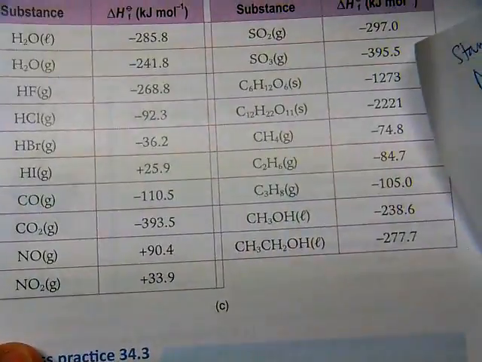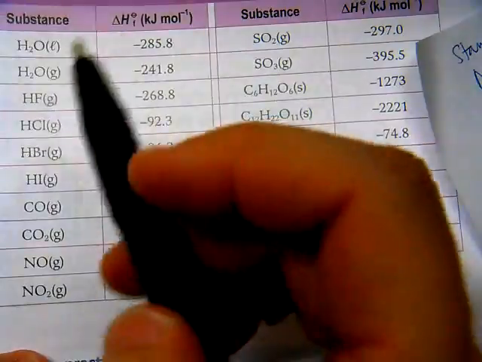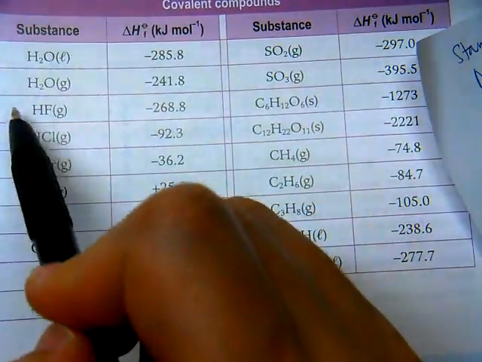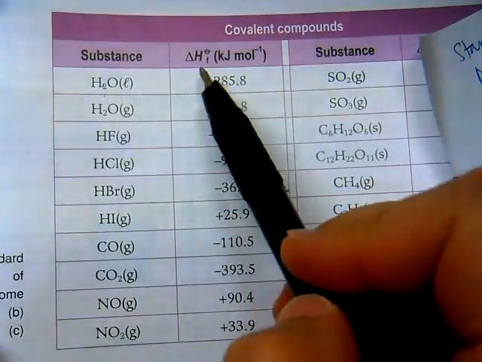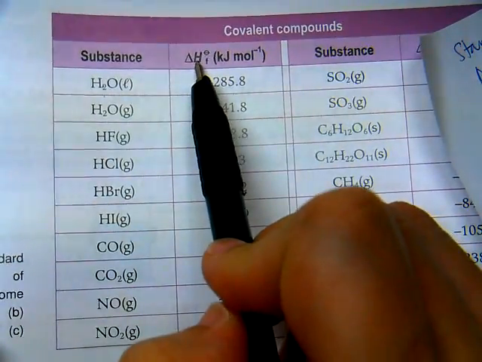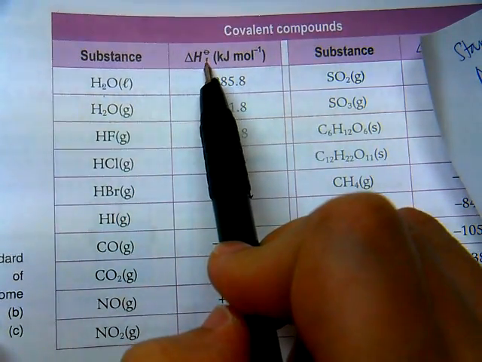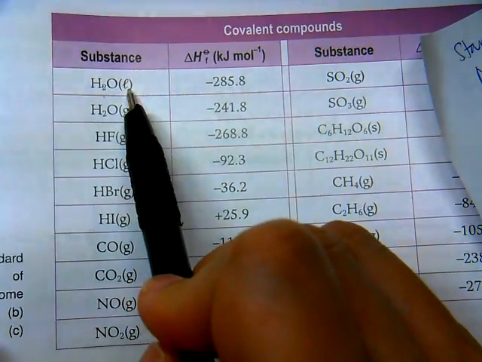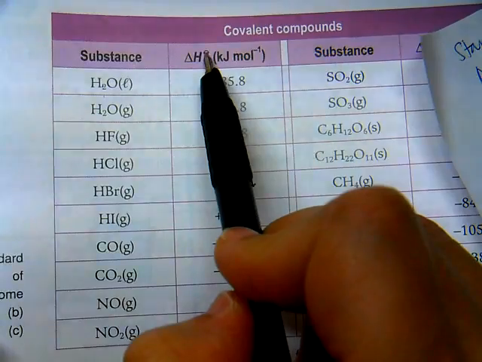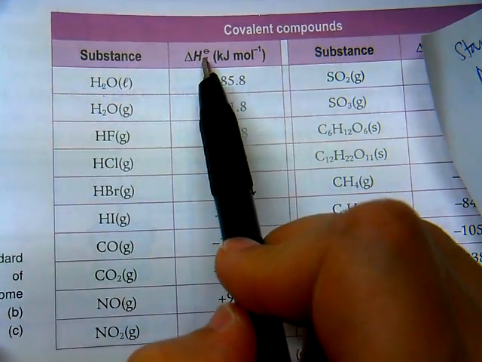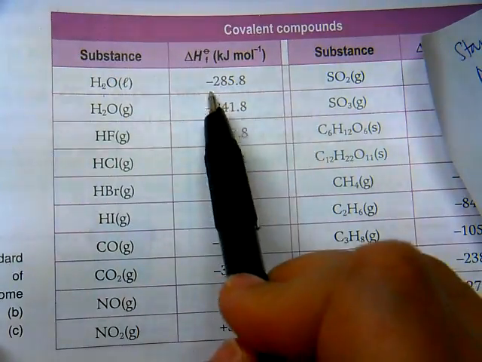Now I will show you some more examples. Maybe let's look at these two first. Standard enthalpy change of formation of H2O liquid is different from standard enthalpy change of formation of H2O gas. Can you see that?